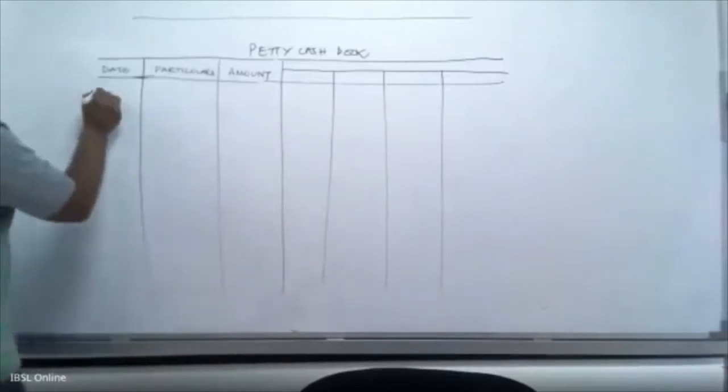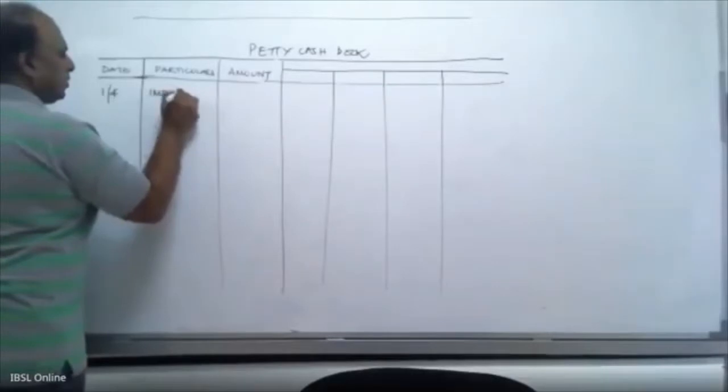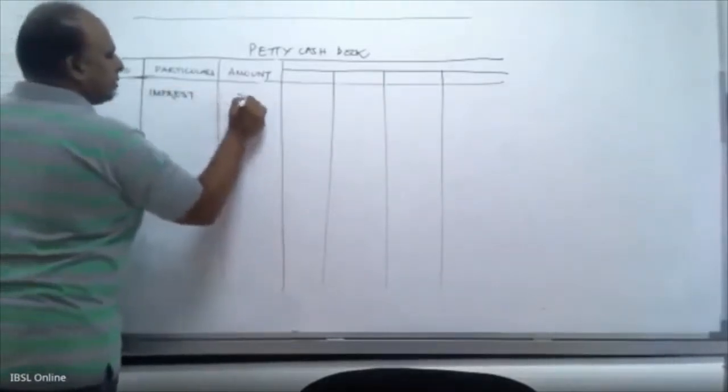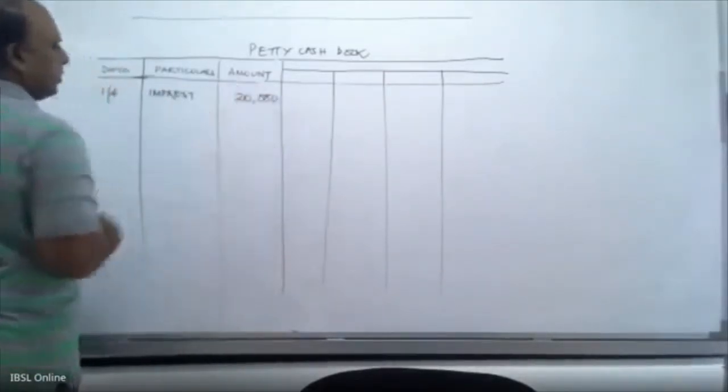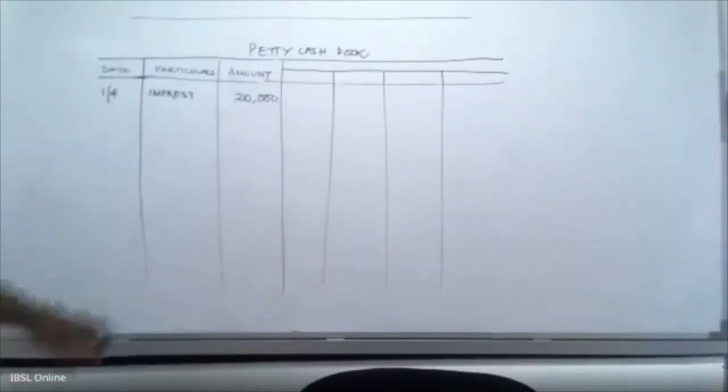So let's say on 1st of April, your imprest will be 20,000. So this 20,000 is given to you now to expend during the month.